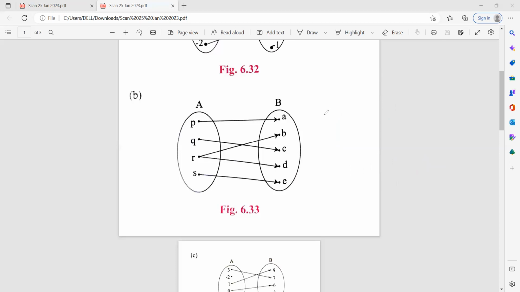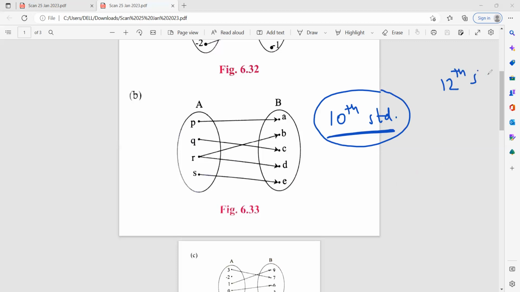It is somewhat like this: if somebody has passed 10th standard, whether the person has also passed 12th standard or not, the answer can be yes, the answer can be no. But if somebody has cleared 12th standard, it means definitely the person has cleared 10th standard.